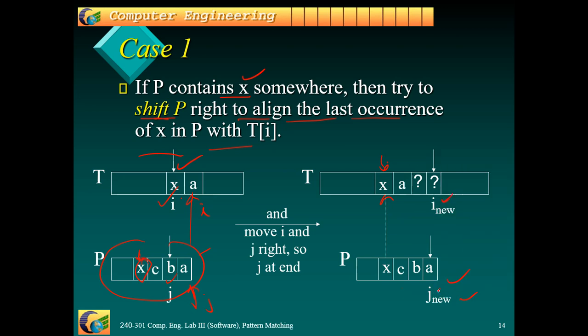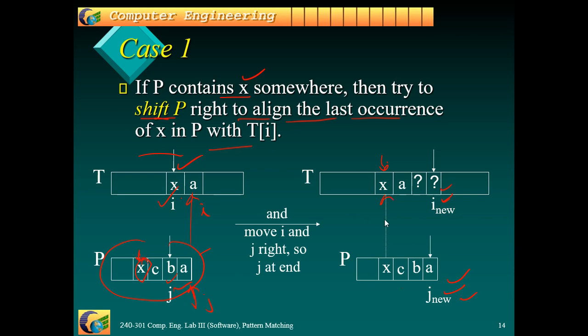J will be the last character of your pattern again. Somewhere here it was J before, but now it's going to be the last character. Again, you have to start with respect to the next iteration. So when your new J is somewhere here, your new I will be here, in correspondence to your J, when you have aligned this character, the last occurrence of X, with T of I.